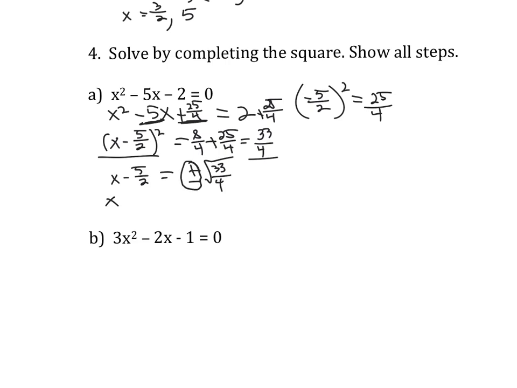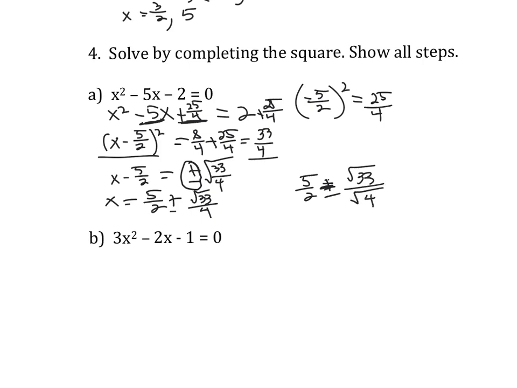So now we're going to add 5 halves to both sides, and we'll get x equals 5 halves plus or minus the square root of 33 over 4. Just a further point, we can say that this is equal to 5 over 2 plus or minus the square root of 33 over the square root of 4.